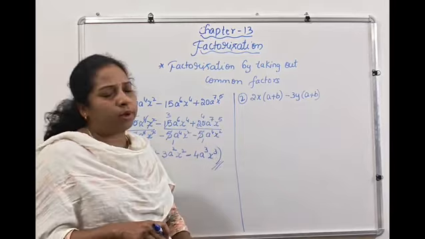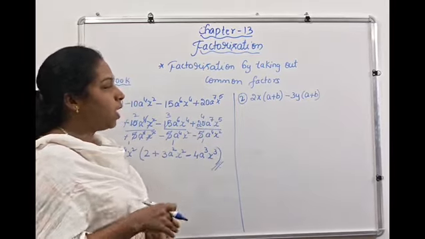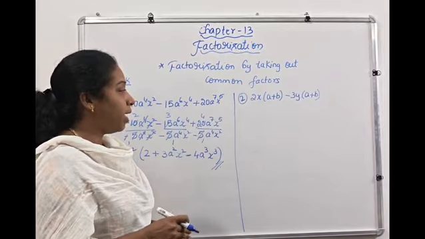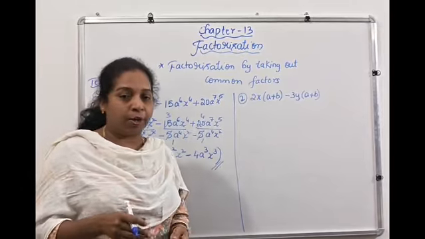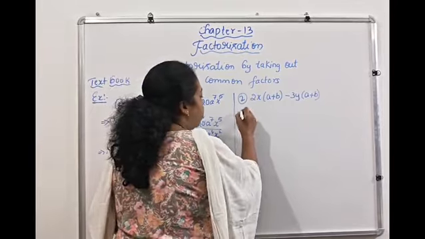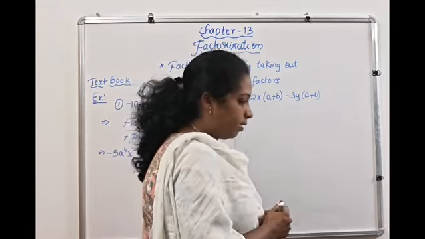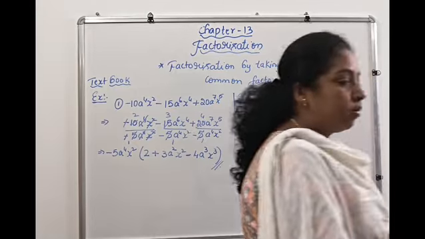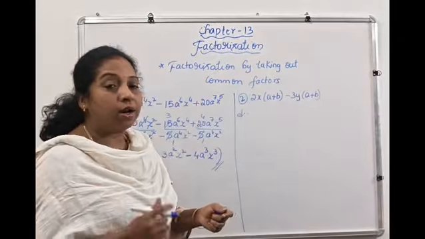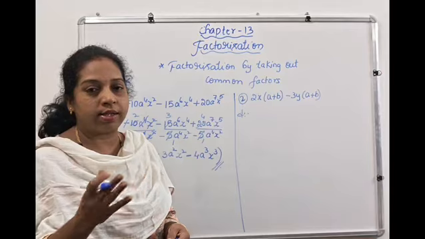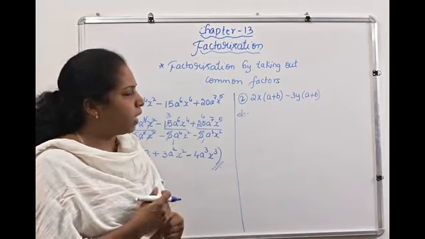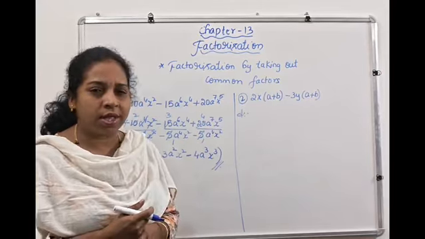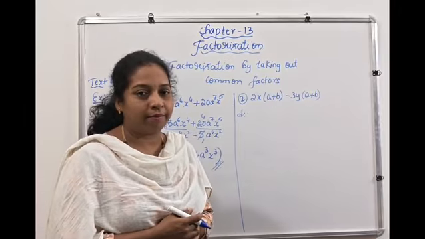Right, let's come to the second example. 2x(a plus b) minus 3y(a plus b). So while saying itself, can we say which is common here?